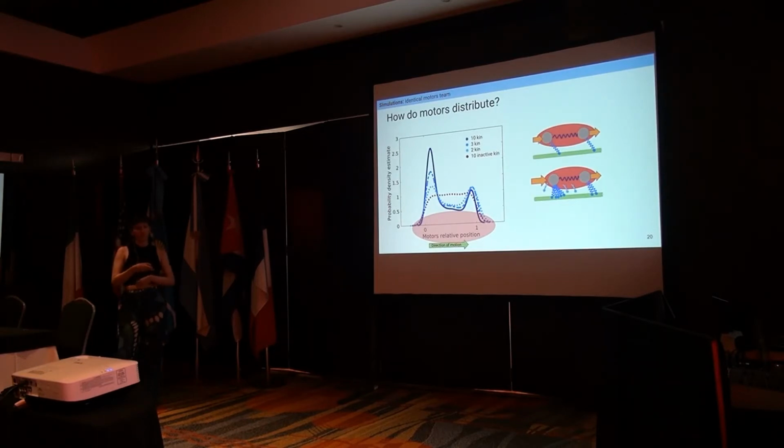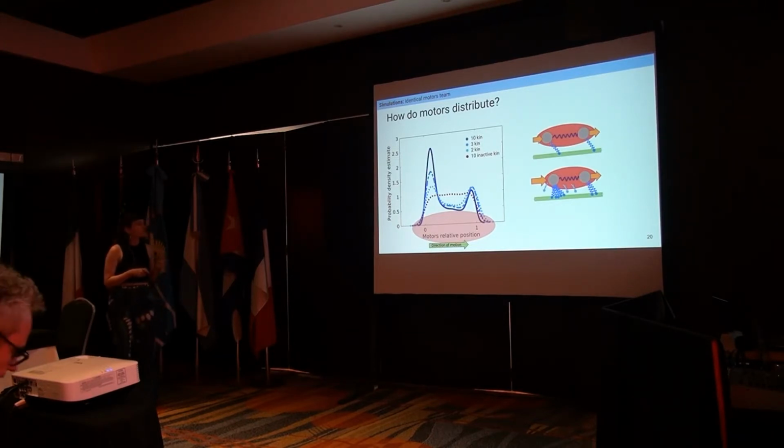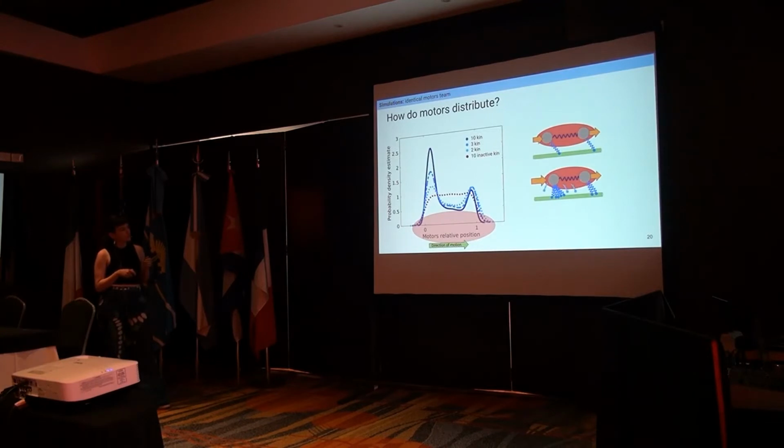What's really important now is that we can access how the motors are distributed on the cargo as it moves. So we calculated the motors' relative position to the cargo. This is a dimensionless quantity, and we evaluated the probability density estimate. Here, in the purple dotted line, you have 10 inactive motors.